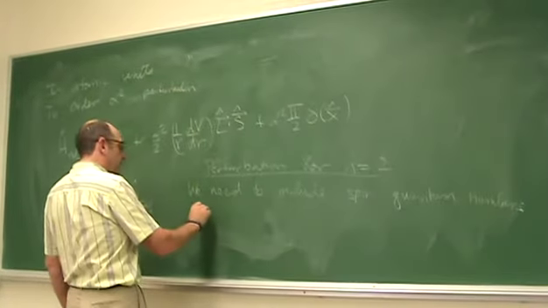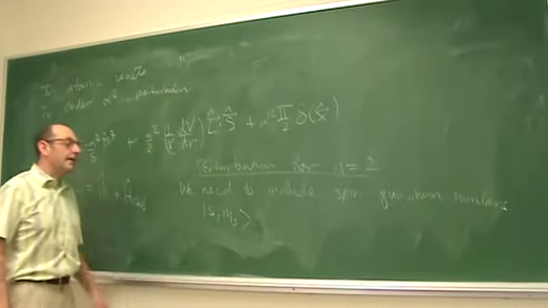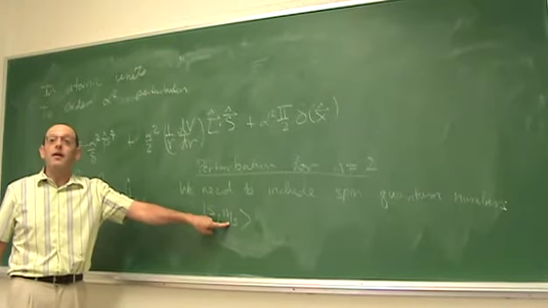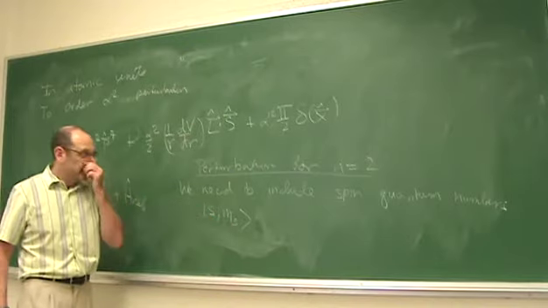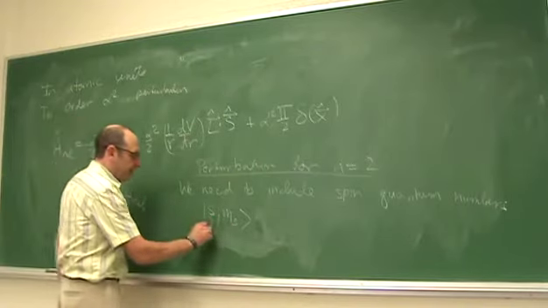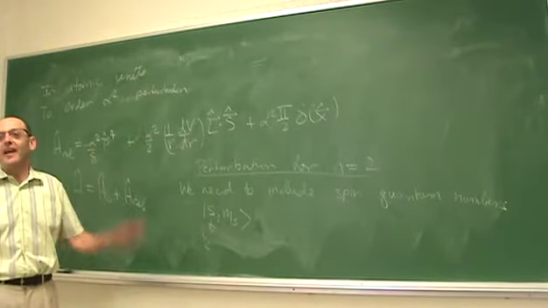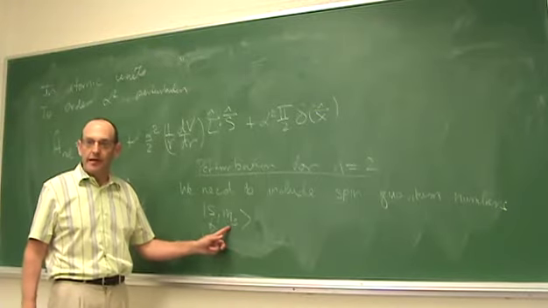For the spin, as we know, we specify the magnitude of the spin and its projection along some quantization axis. S is fixed. It can only take on one value for the electron, a half, so we don't carry that around. But we could carry around the m sub S values.